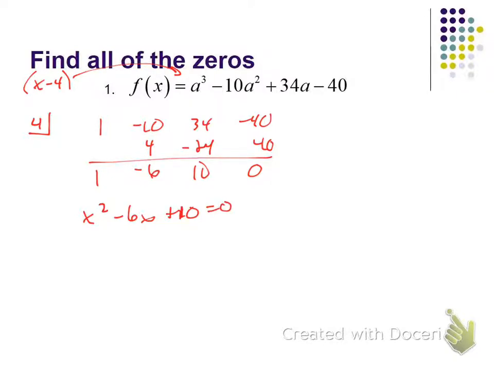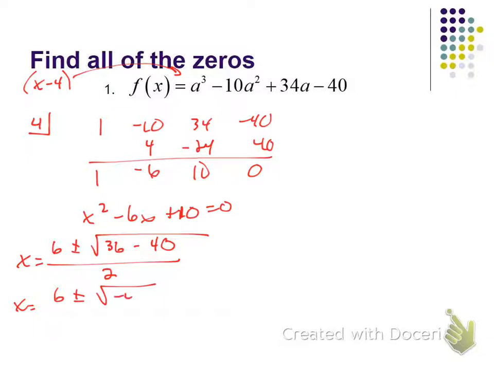The problem is this guy won't factor. So we have to use the quadratic formula. So opposite b gives us positive 6 plus or minus the square root of b squared is 36 minus 4ac gives us negative 40, all over 2 times a gives us 2. So positive 6 plus or minus the square root of negative 4 all over 2.